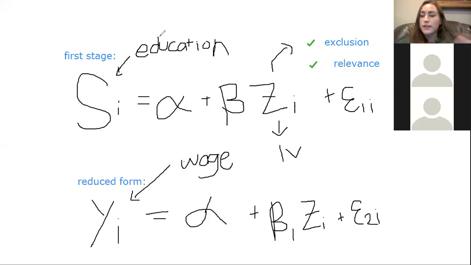So therefore, since it's related to education, we only care about the variation between the two that's similar, or that has co-movement, and we'll use that variation to explain our outcome variable. The rest of the variation in Zi doesn't matter because it's not telling us anything about education. We inherently care about the effect of education on wage. We don't care about distance to college for anything other than what it says about education.